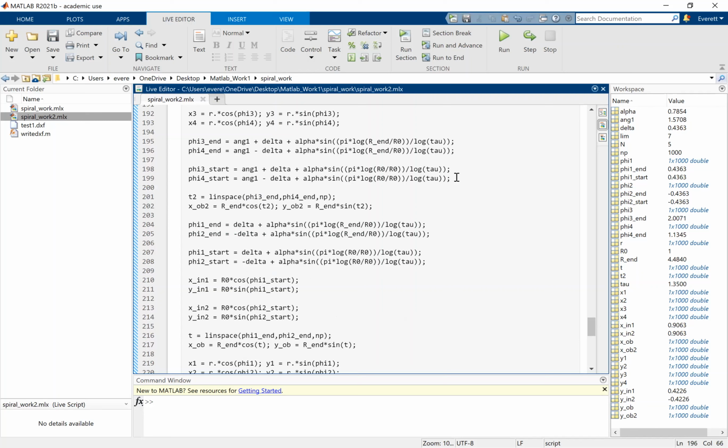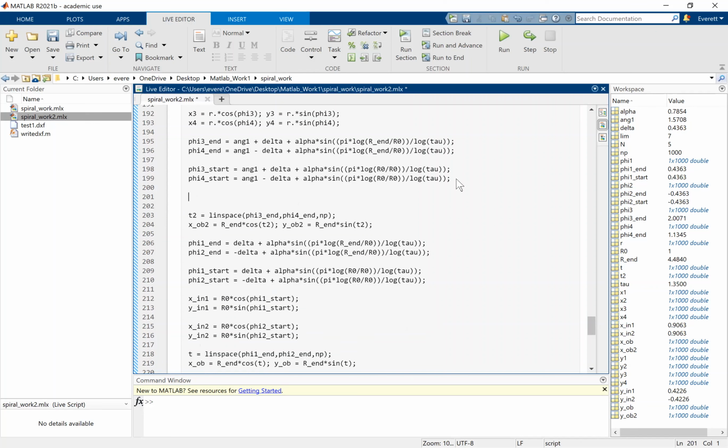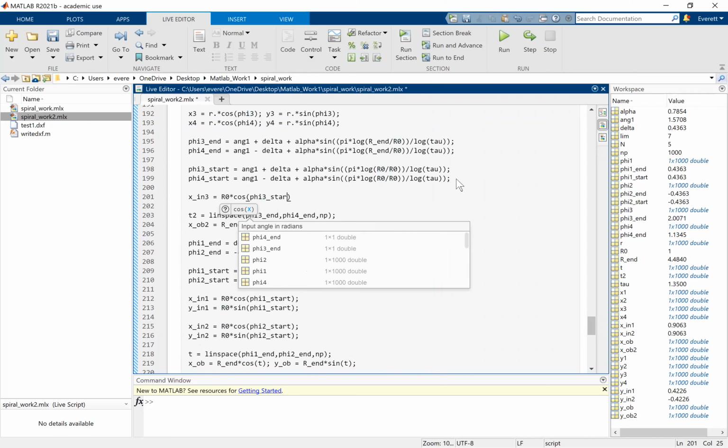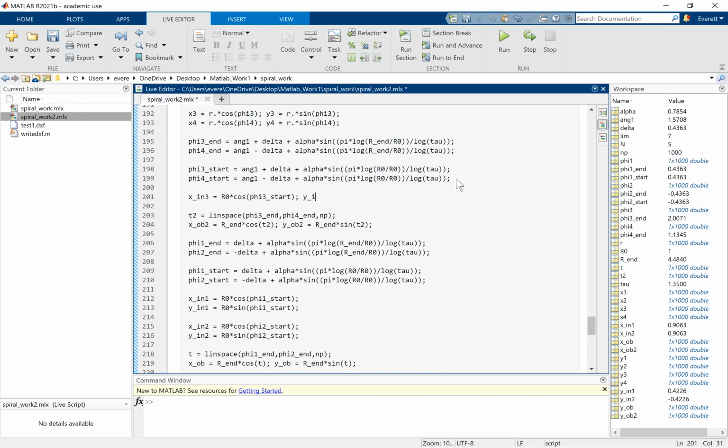All right, so we have our phi3_start and our phi4_start, and we want to make our Cartesian coordinates. So this will be x_inner_bound. We'll just call this x_inner_bound_3 for phi3. X_inner_bound_3 is going to be r naught times cosine of phi3_start. Y_inner_bound_3 is going to be r naught times sine of phi3_start.